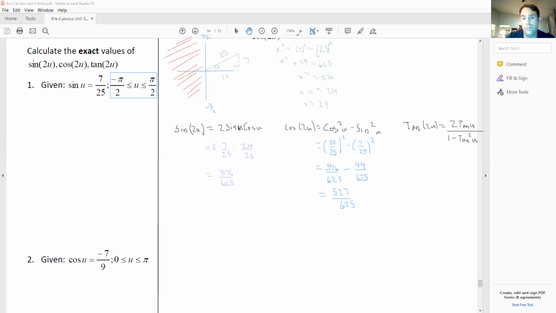And then tangent of 2u. So this is going to be 2 times 7 over 24 over 1 minus 7 over 24 squared. So 14 over 24.